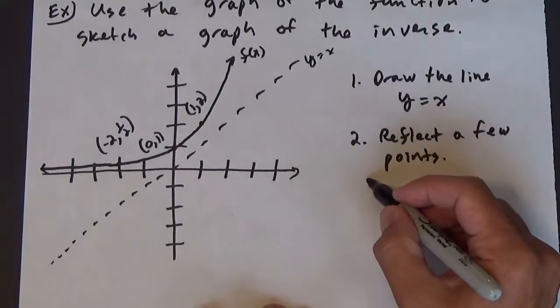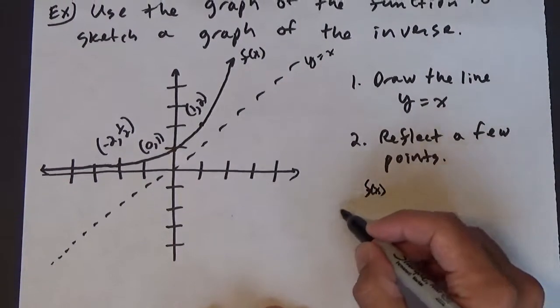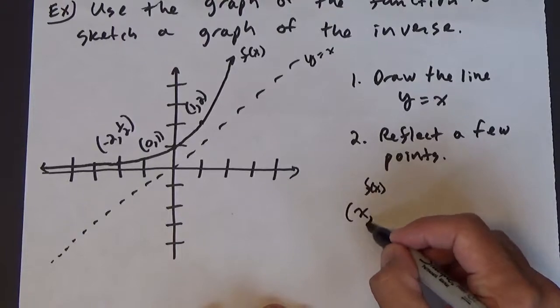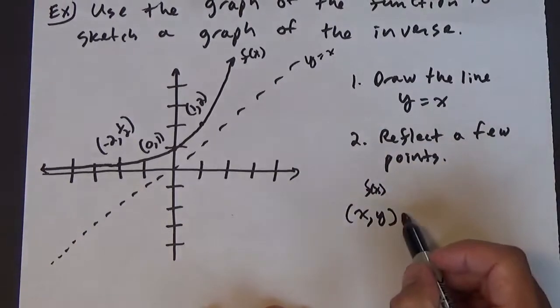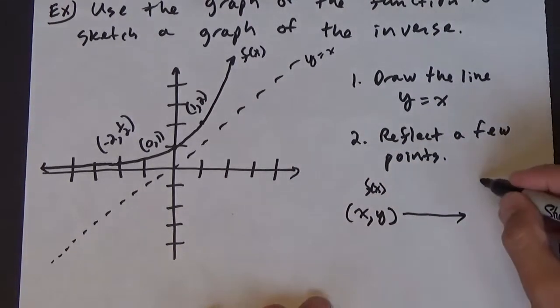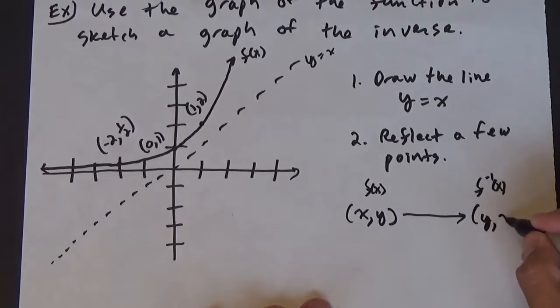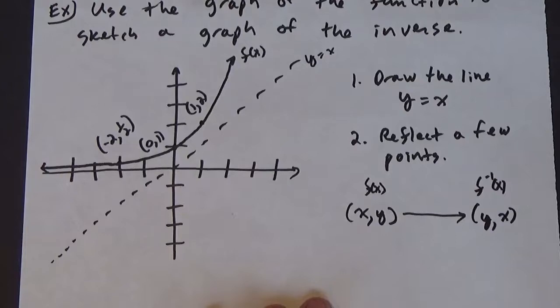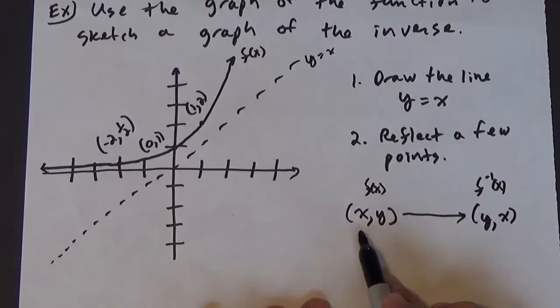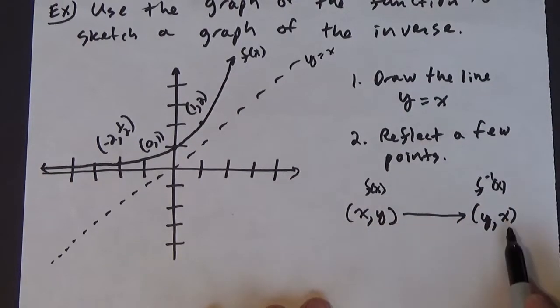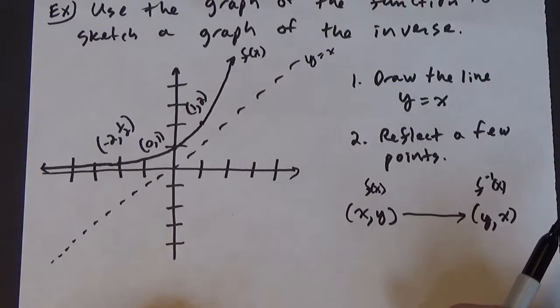The key here is if you have a point on f of x with coordinates x, y, then the rule is f inverse of x has the points y, x. So all we need to do is take a point on the original and just switch them. So we have the point 1, 2.